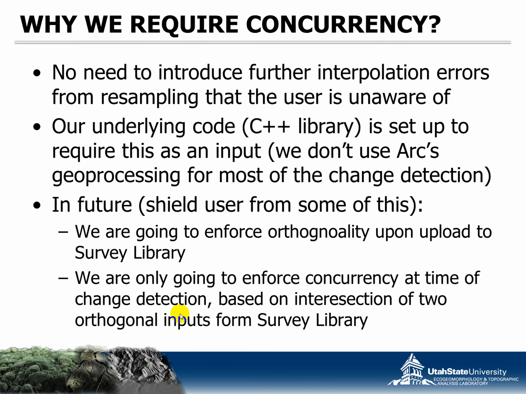So when you want to compare two surfaces, what we will do is take the intersection of those two surfaces and derive a concurrent raster, which is very easy once the grids are all orthogonal, and then your outputs will be taken care of, and that should work a lot better for folks. Right now, people have been having lots and lots of issues with just how do I create concurrent rasters because GCD4, GCD5, and then the old DoD3 all require it.